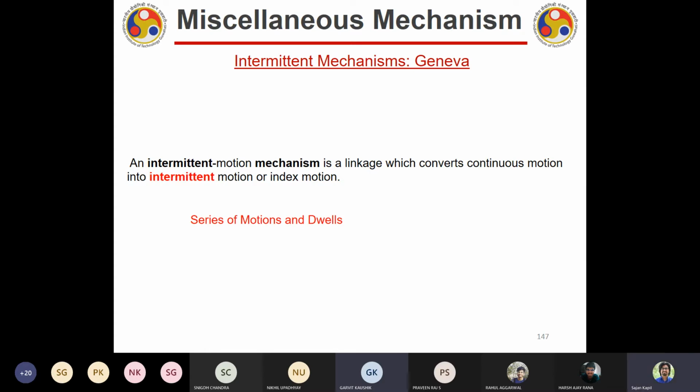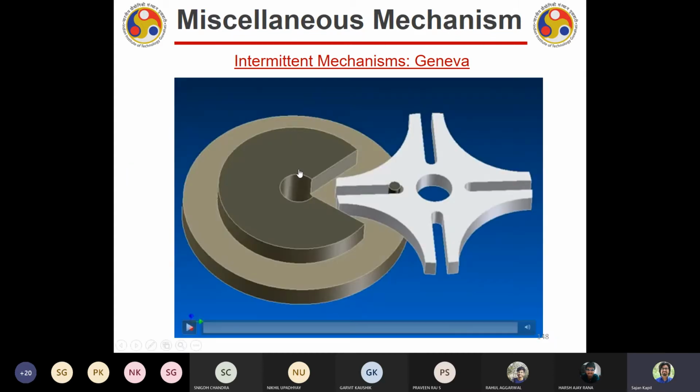Okay, it may be possible, but I don't think I have shown you that. But anyway, okay, fine, we'll see. So let me just show you the mechanism, then you can appreciate its application.